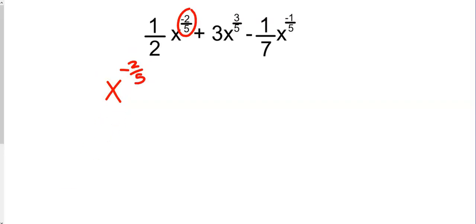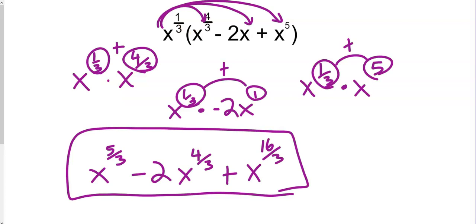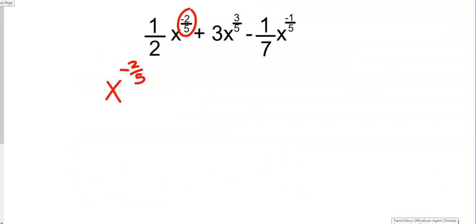Okay? So if you kind of remember back here, when we distributed through, it was all about adding exponents. But when you factor, you are undoing distributing. So instead of adding exponents this time, you are undoing that, which means you're going to subtract exponents.